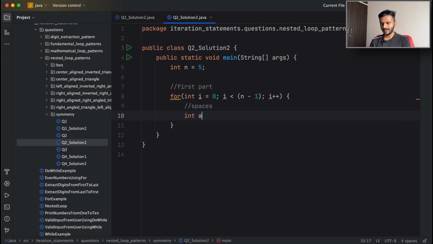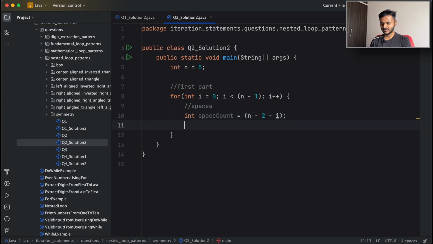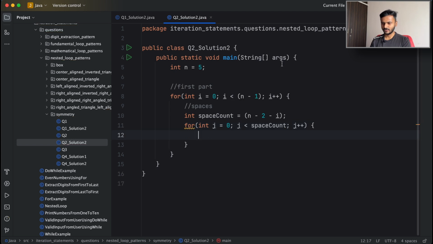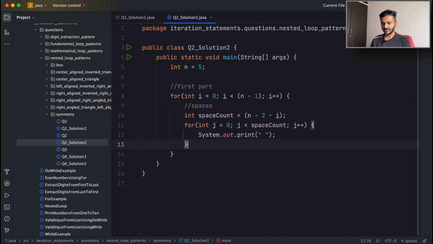So we'll say int space count, and we know the relation for that, which was n minus 2 minus I. Now we have space count. We can start a loop. Say we'll have a variable j starting from 0, going all the way up to space count minus 1. So j is 0, j less than space count, j plus plus. Over here, we'll print a space.